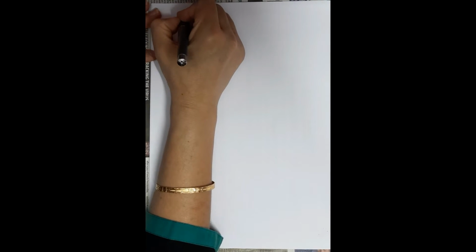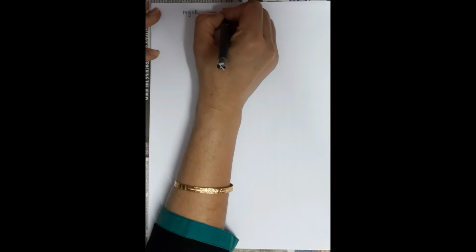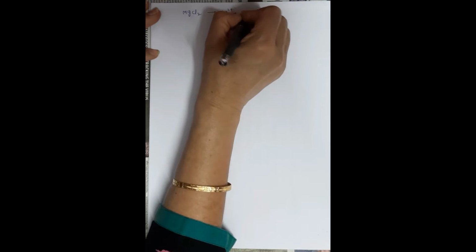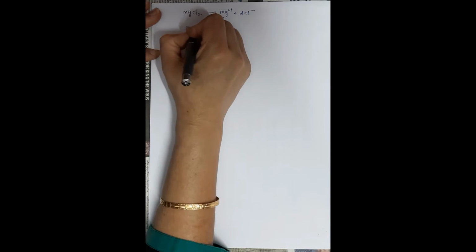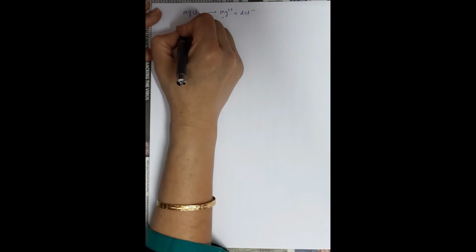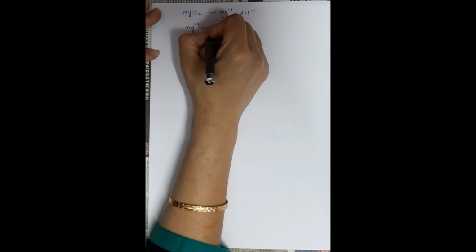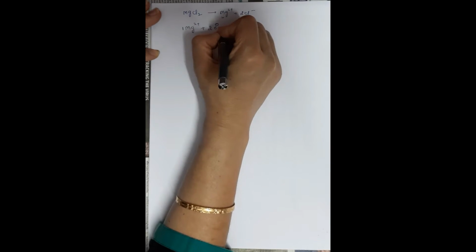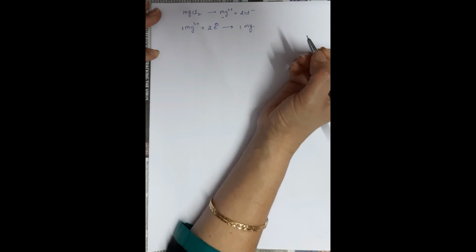If I'm talking about magnesium chloride, this ionizes to give you magnesium ion and 2 chloride ions. Let's talk about magnesium ion. 1 mole of magnesium ion will gain 2 moles of electronic charge and 1 mole of magnesium is deposited here.